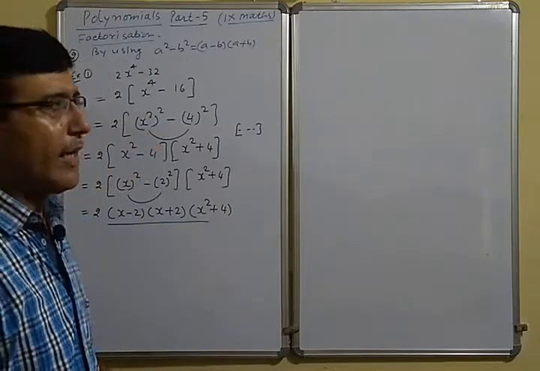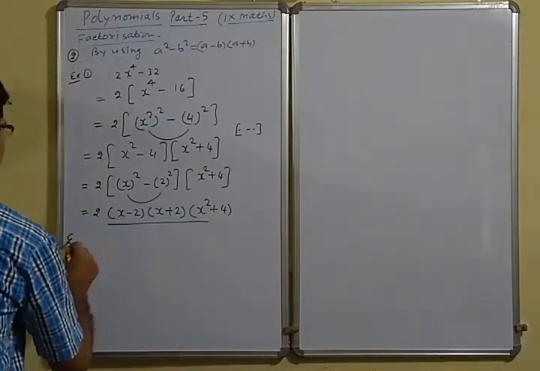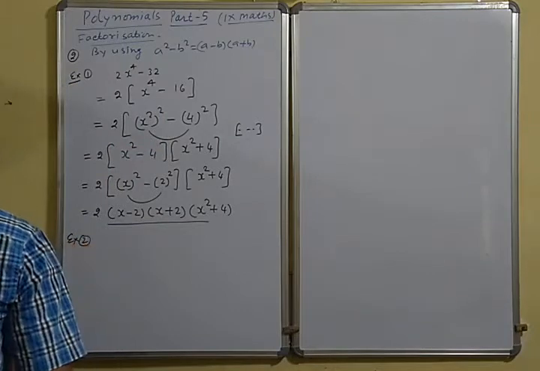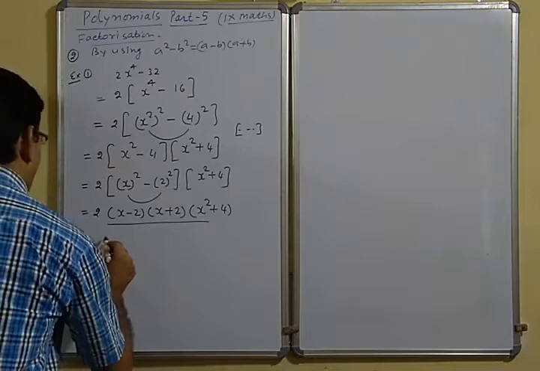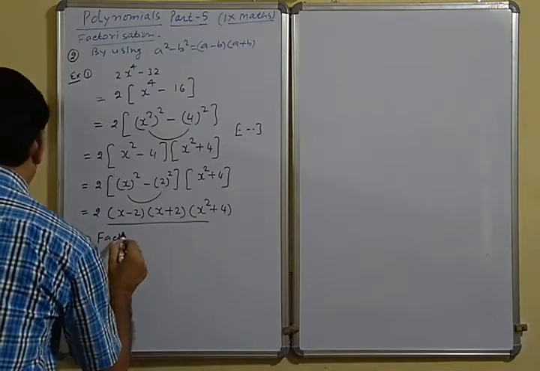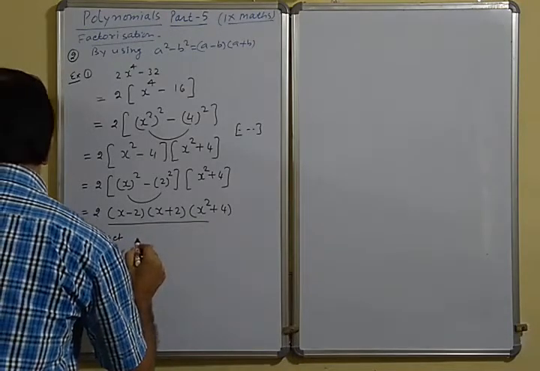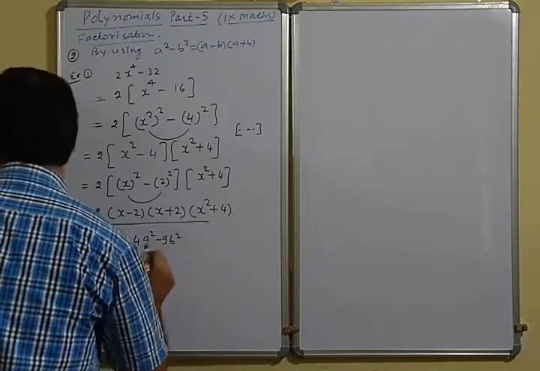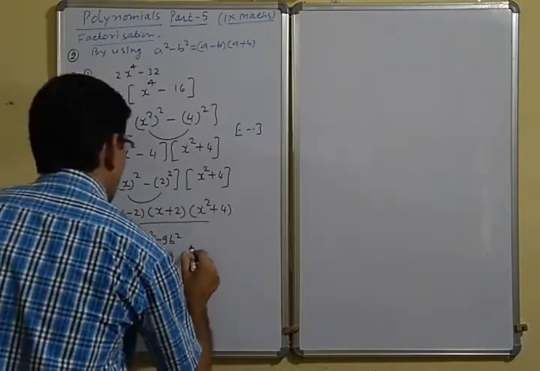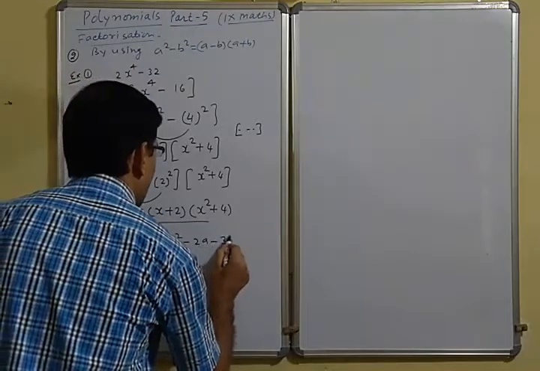Now we'll take next example, example number 2. The next example is factorize 4a square minus 9b square minus 2a minus 3b.